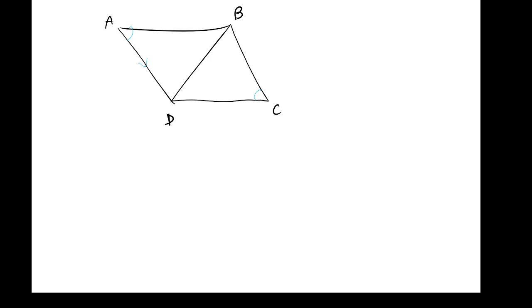Moreover, AD is parallel to BC as well as being congruent. Also, AB is congruent to DC. So what we're going to be doing is we're going to show that triangle ABD is congruent to triangle CDB.